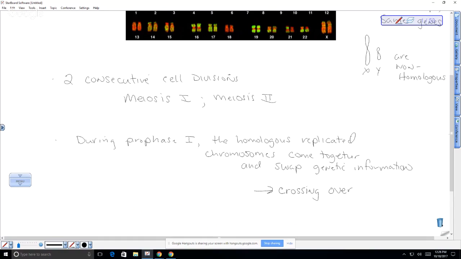Crossing over does not occur in mitosis. No crossing over in mitosis.